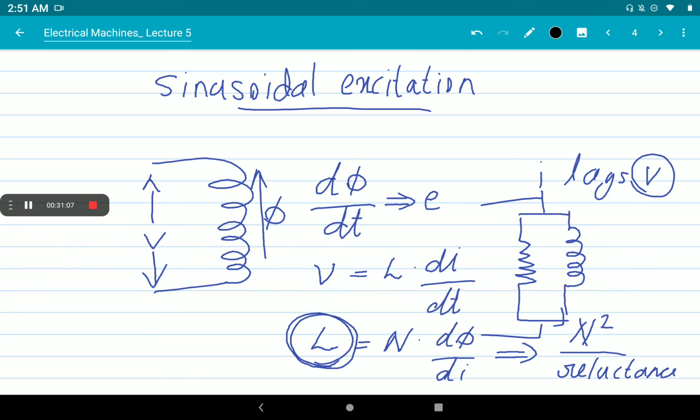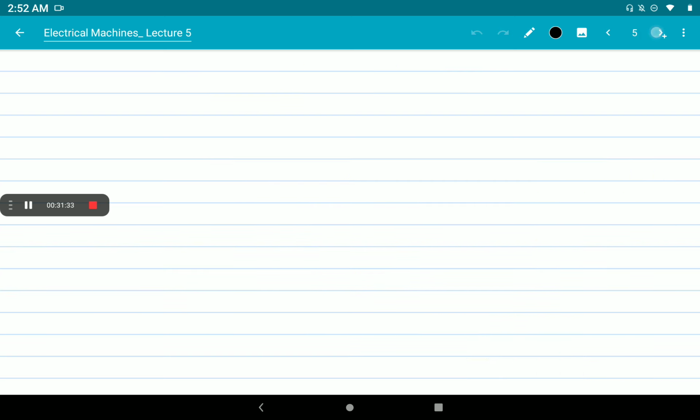When we give an alternating voltage to a ferromagnetic material or magnetic circuit, there will be a rate of change of flux in it. That rate of change of flux will produce an induced EMF, so we can write V equal to L into di by dt. That means there is a property of inductance, so we can represent the magnetic circuit as an inductor coil due to this property.